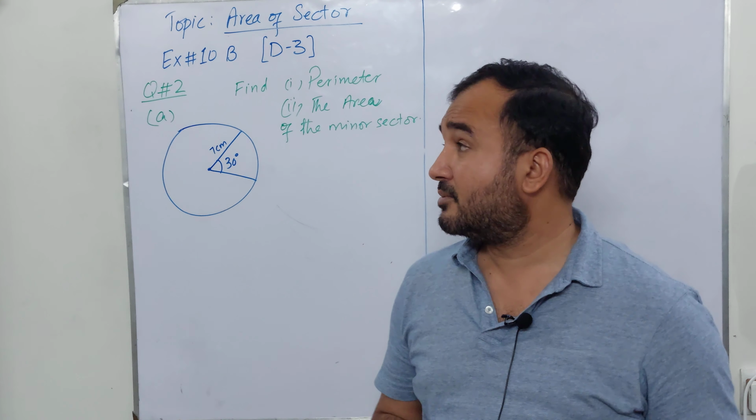So just put the values over here. The big sector area is 157 and the small sector area is 39.25, right? So it will be 117.75. That is the area of the shaded region, 117.75, right? If you have any question, you can ask me.